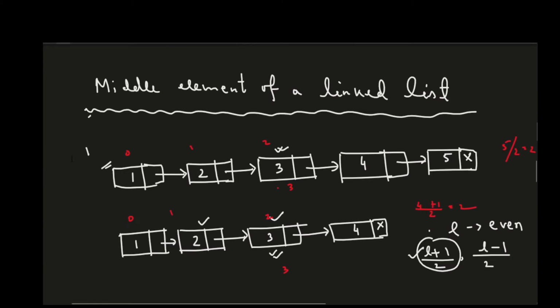So now let's consider the second and better approach, that is with running only one loop. How can we find the middle element of a linked list? So let me first delete these things.